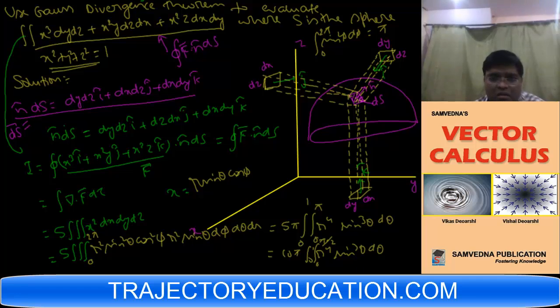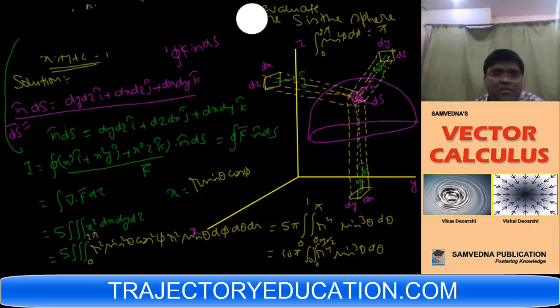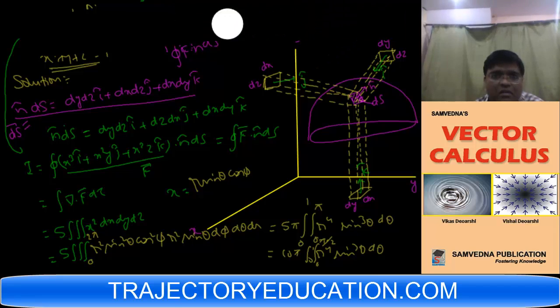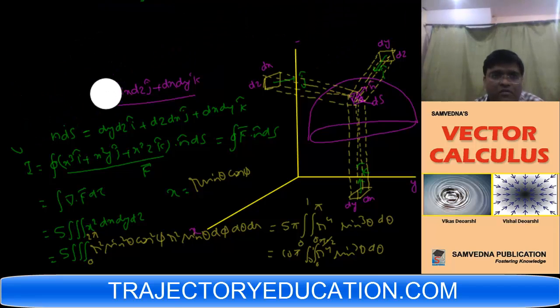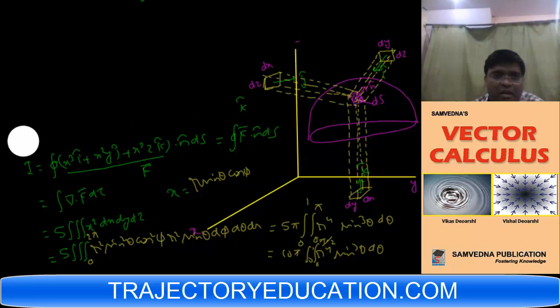Now I will use the gamma function. I love this part. So I can use the gamma function in evaluating these integrals. So this is 5 pi.